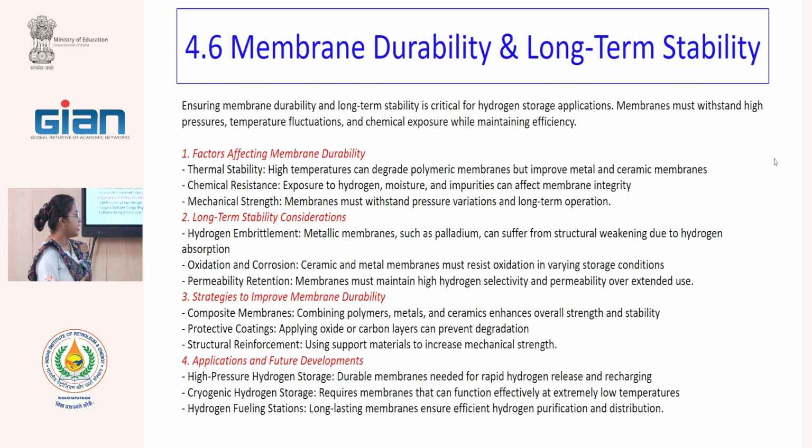For increasing durability, other than the composite deposited onto your membrane as matrix, you can have a protective or insulatory coating on the membrane surface. And you can have structural reinforcement, like metallic materials infused into the membrane material, so that the durability can be improved.